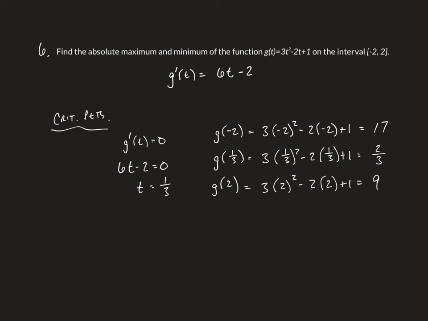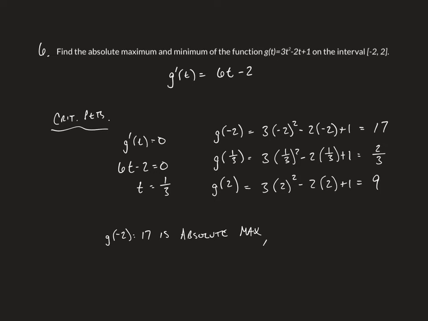So we have all these values of our g of t function now, and we can just try to figure out from this where is the absolute highest and absolute lowest point of our function. Well, the largest of any of these values is 17. So I'm going to say that my absolute maximum is at x equals -2. Okay, so g of -2 equals 17 is the absolute max.